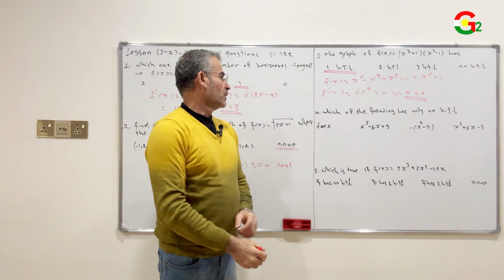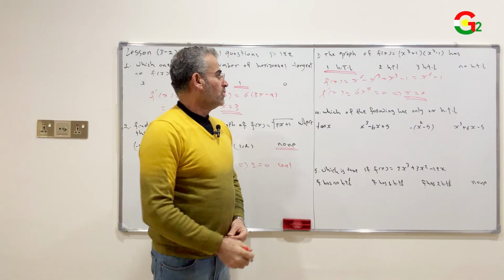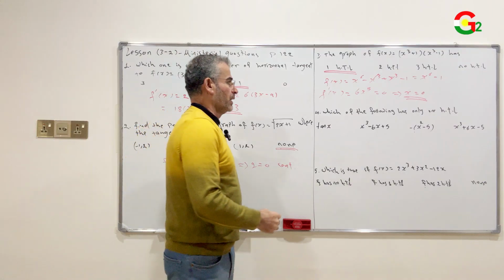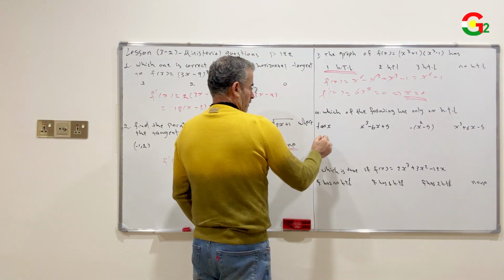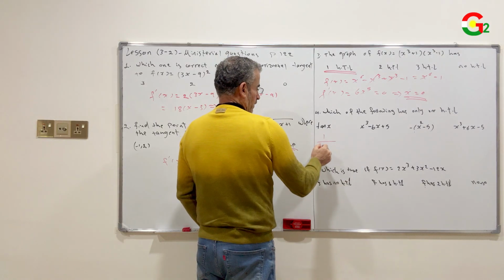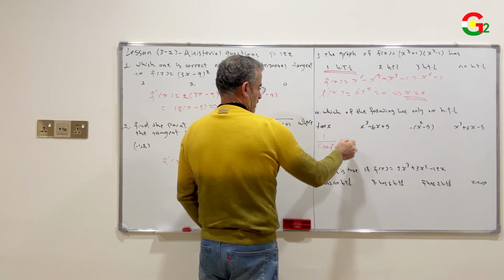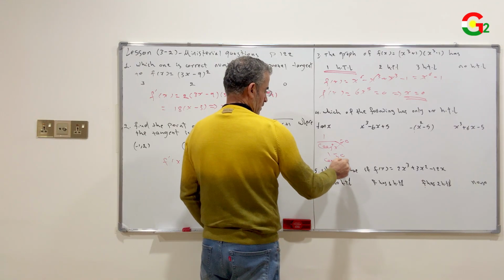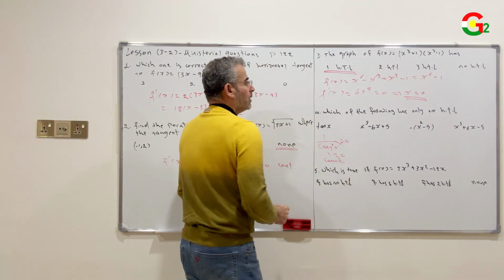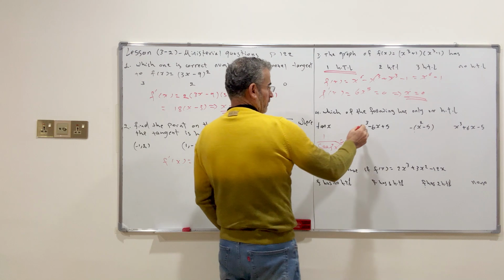Question number 4. Which of the following has only 1 horizontal tangent line? For tan x, the derivative of tan x is 1 over cosine square x, set it to 0. This gives you 1 equals 0, contradiction. Then there is no horizontal tangent line for this function.